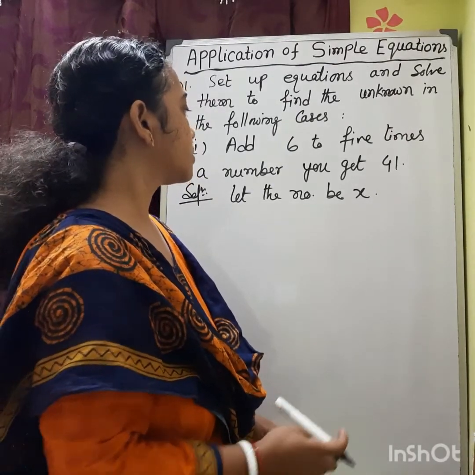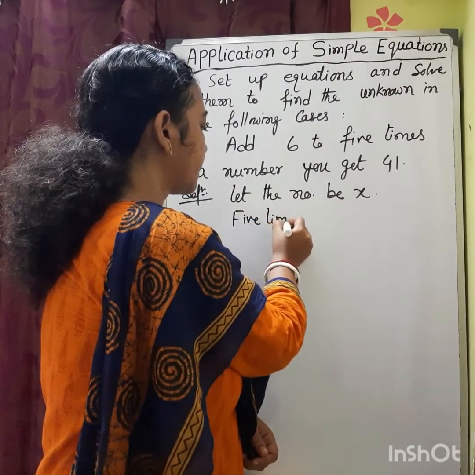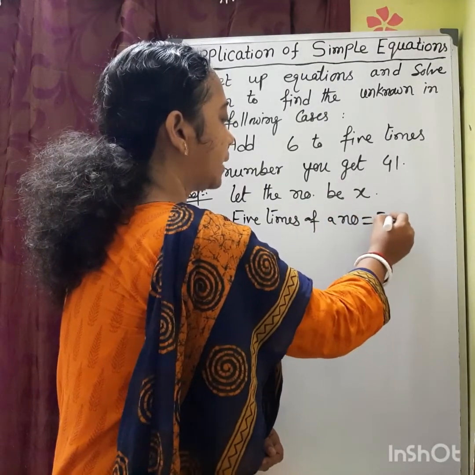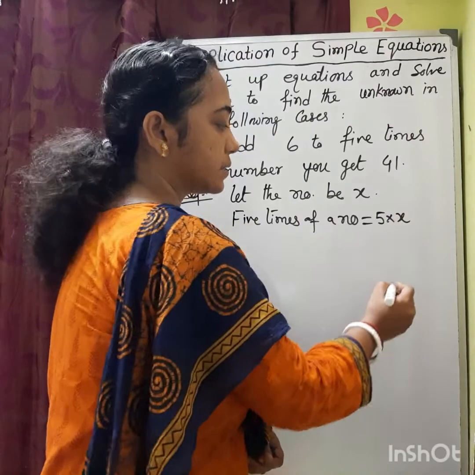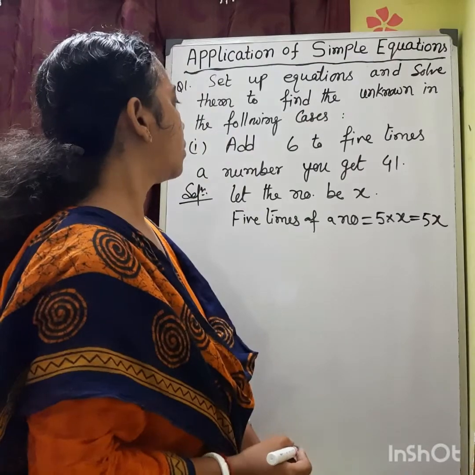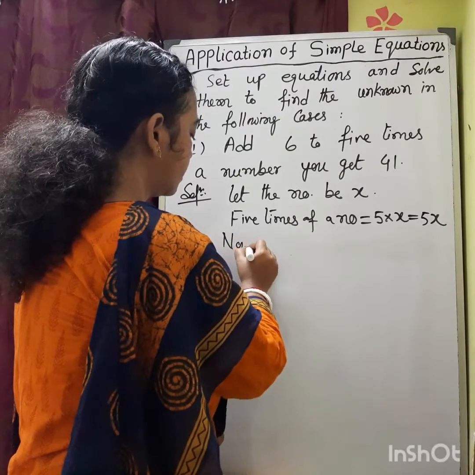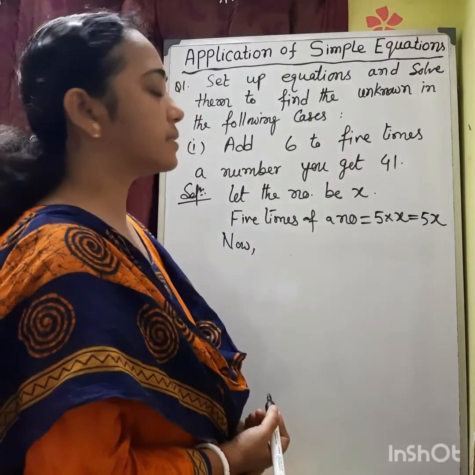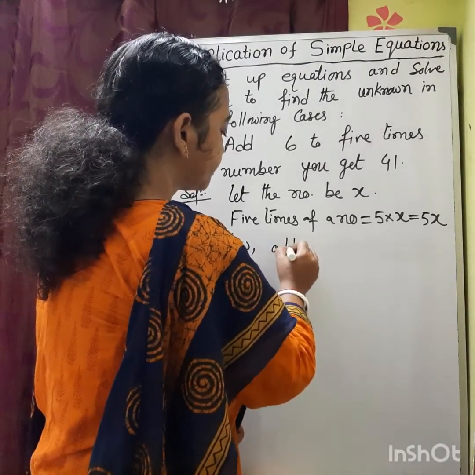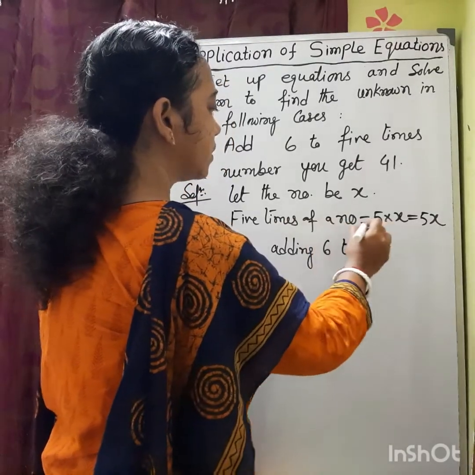Now, in this question, 5 times a number, we have taken the number as x, so this will become 5x. Now the complete statement is add 6 to 5 times a number. So 5 times a number is 5x.